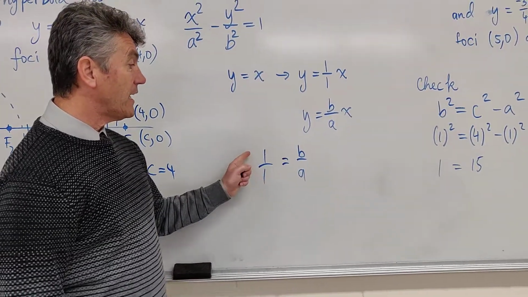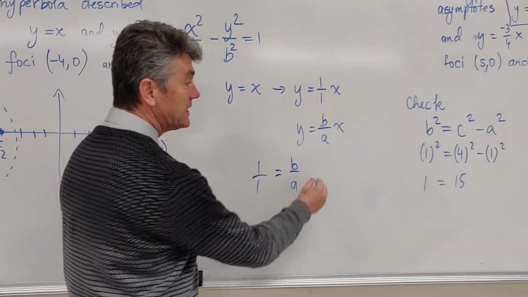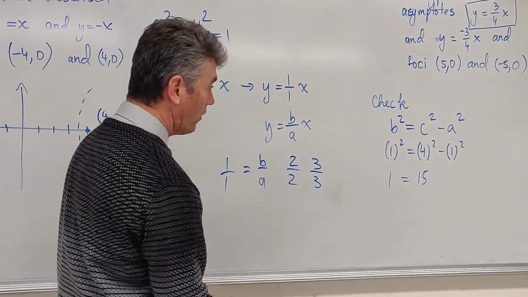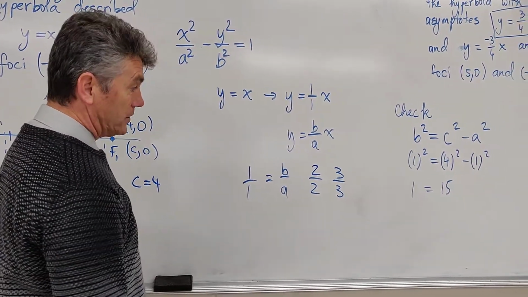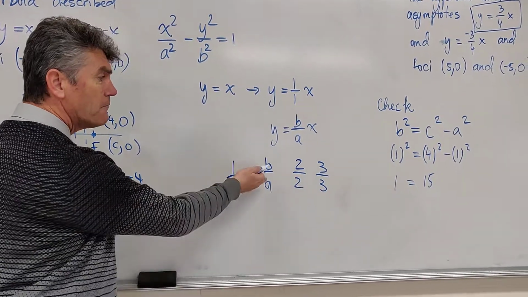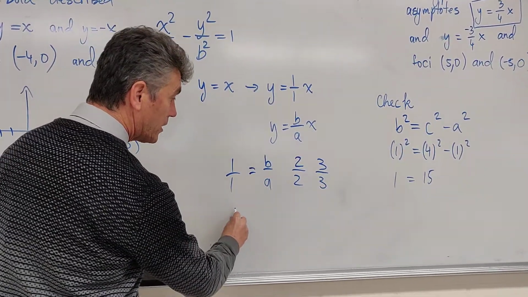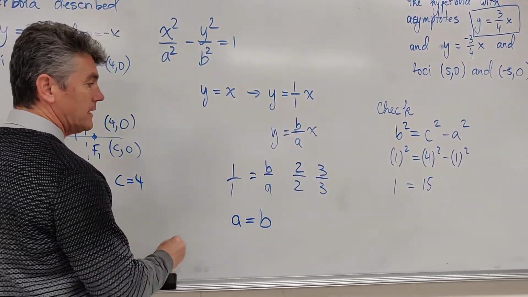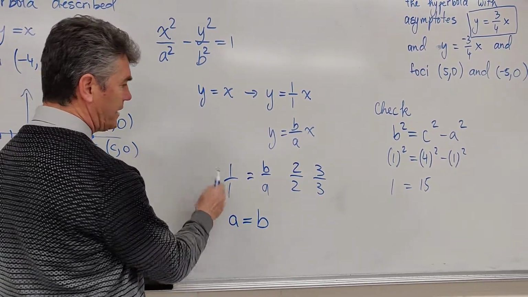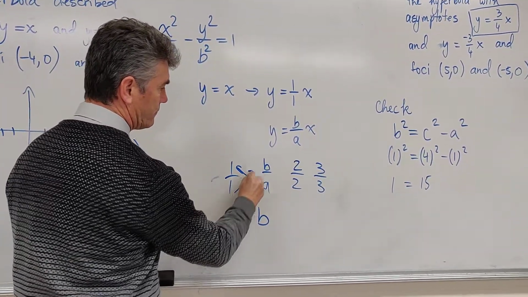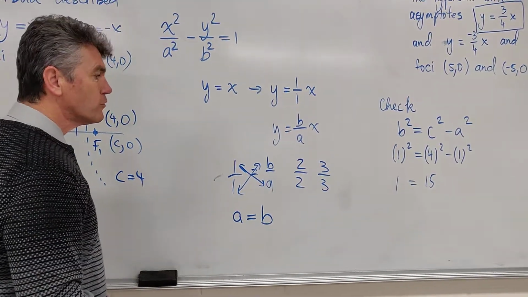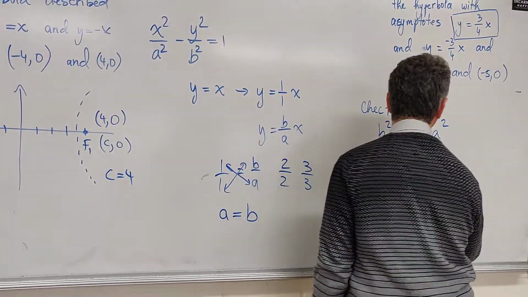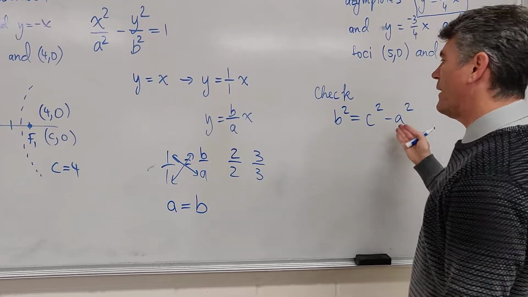Knowing that b over a is equal to 1 over 1 just means that b and a could be 2 over 2, or 3 over 3, or 4 over 4, or whoever knows what else they can be. So, if you cross multiply, what you get is that a must be equal to b. Now we're ready to figure out our a and b. Again, we go to b squared is equal to c squared minus a squared.